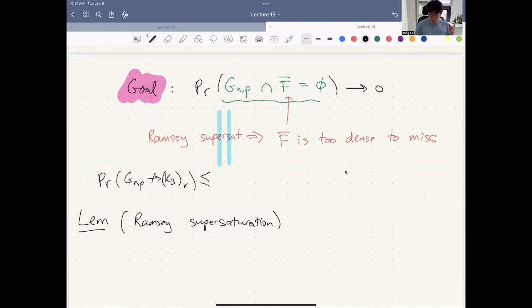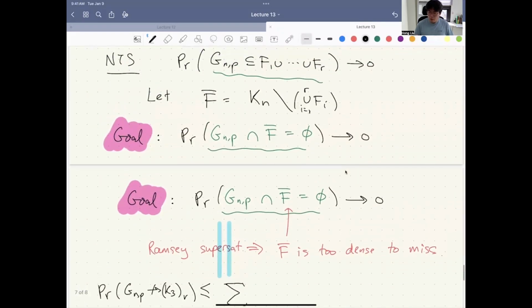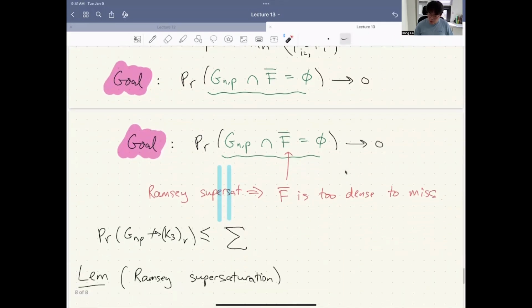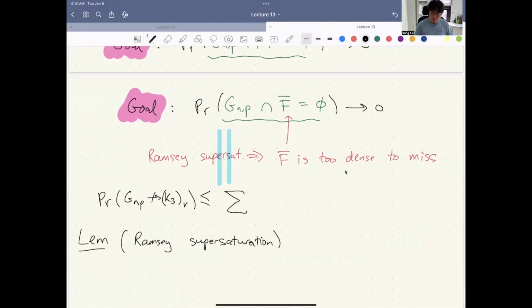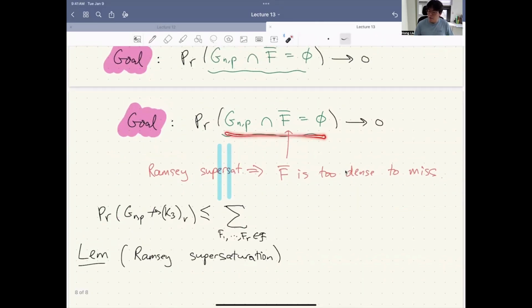What is this probability? We have to do a union bound over R tuples, and they're a complementary thing, right? So what's the union bound? Sum over R tuples of this, and then this guy intersect F bar is empty.